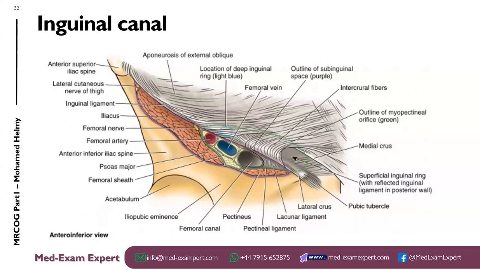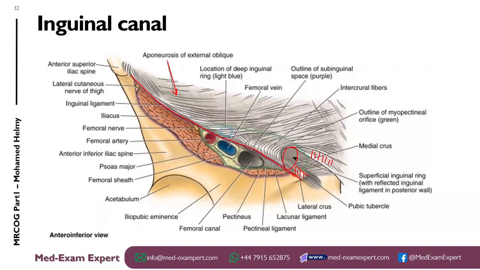Let's now show some landmarks. This is the aponeurosis of the external oblique, okay? And as I told you, it's enfolded backwards on itself to form the inguinal ligament. This is the inguinal ligament here, which I'm marking with the red color. This is the superficial inguinal ring, and this is the lateral crus, and this is the medial crus.